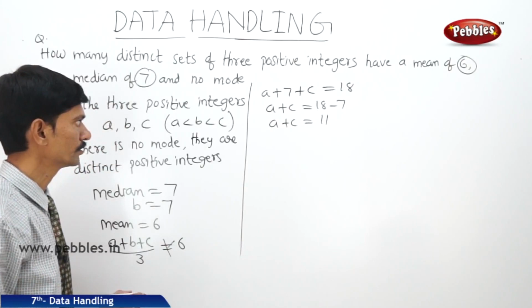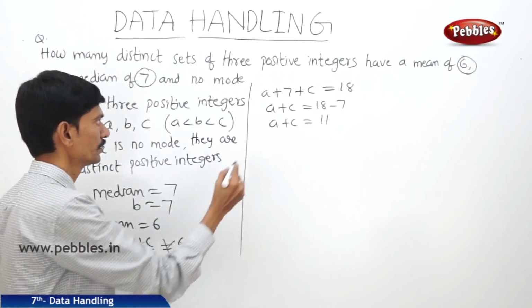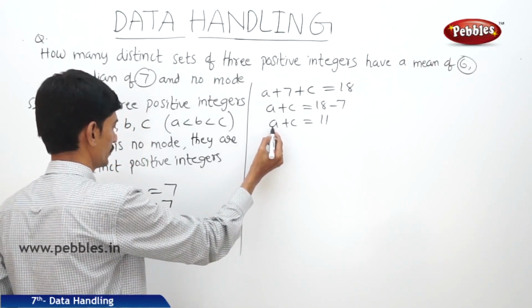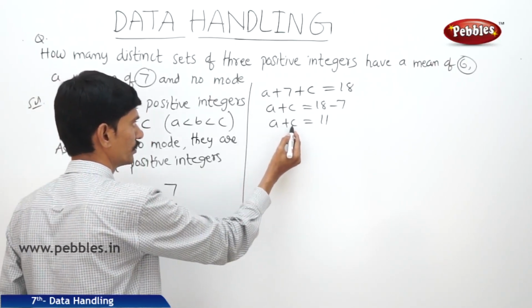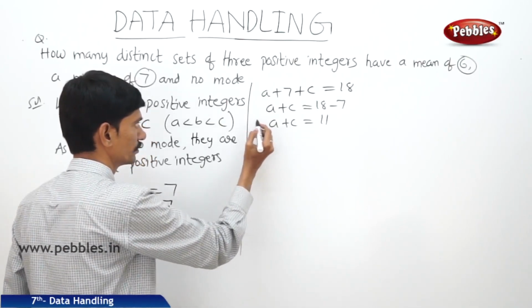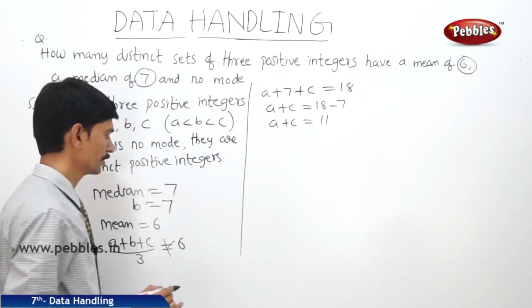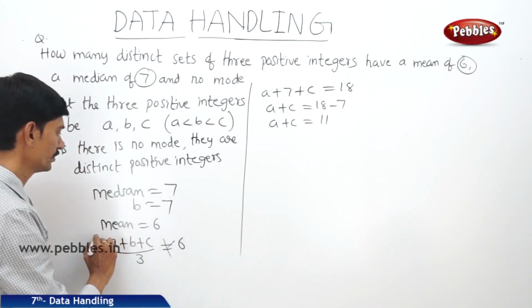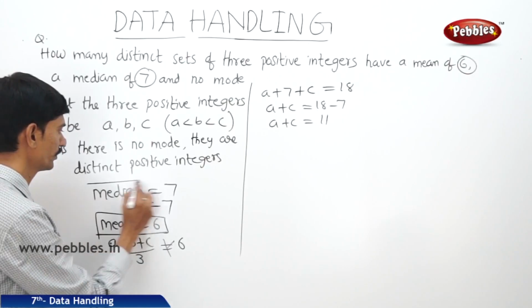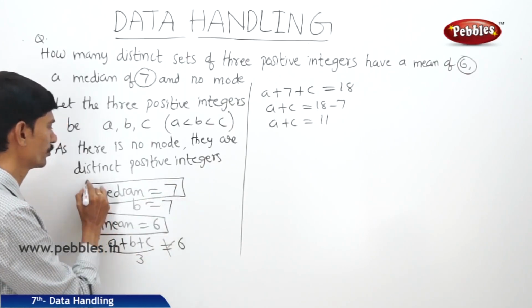So the different values of a and c are, if a value is 3 then c value is 8, and if a value is 1, so that we get the mean 6, median 7, and there should be no mode.